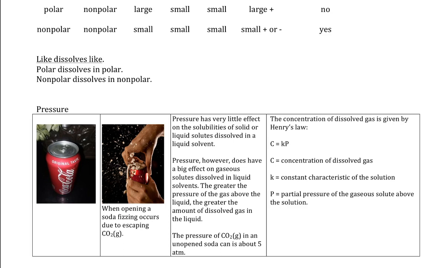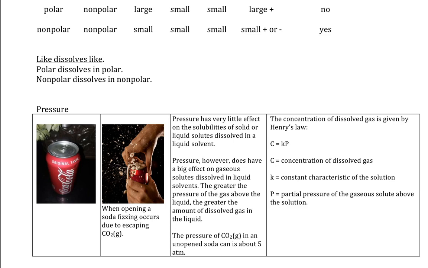Well, before opening it, we don't know, but once we open it, we get that very much fizzing occurring as soon as we pop it open. And that's due to the large amount of CO2, that headspace of about 5 atmospheres, and the CO2 that's within the liquid that is coming out, pushing some of the liquid above it out, and that's why we have all that fizzing going on. It's due to the escaping CO2 gas.